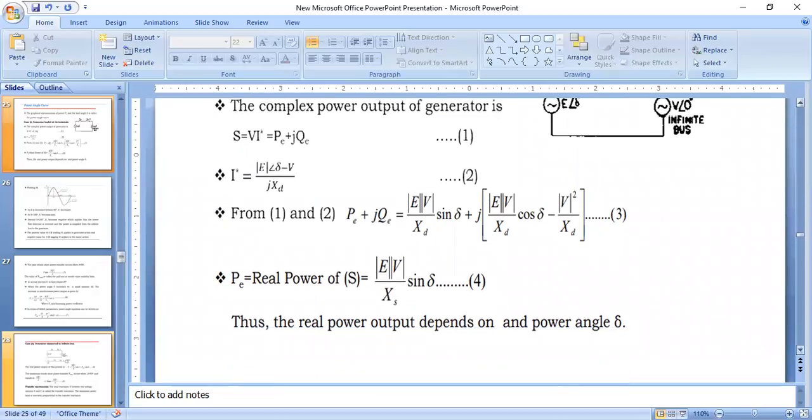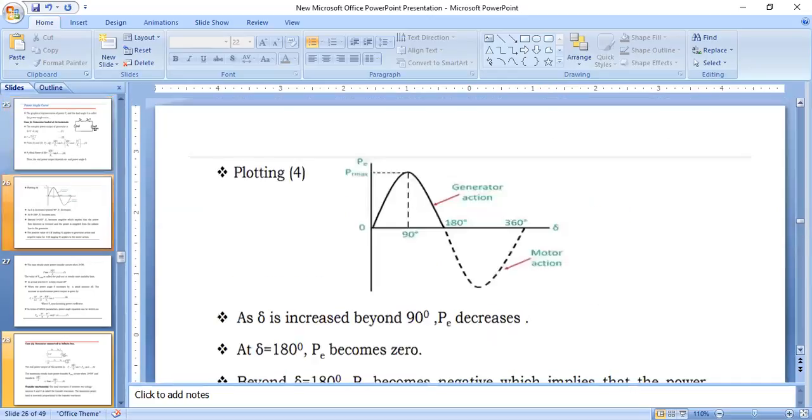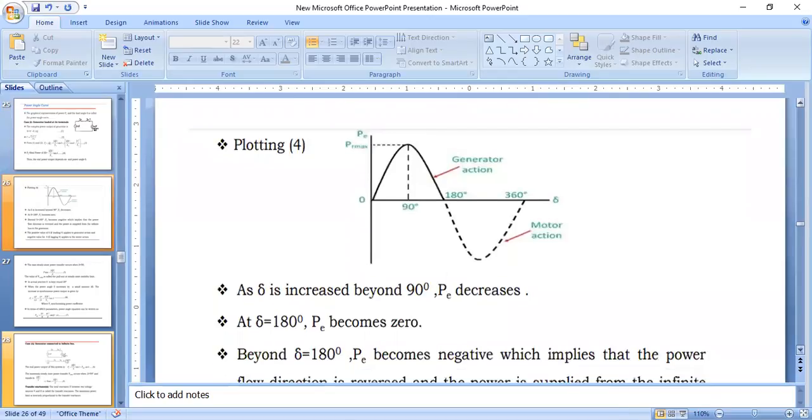PE is the real power of S, which is equal to EV/Xs sin δ. Thus the real power output depends on the power angle delta. Now see, this is the plot of P maximum versus delta.